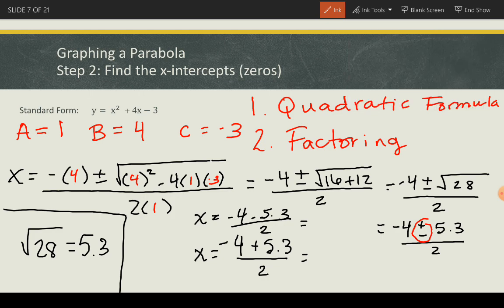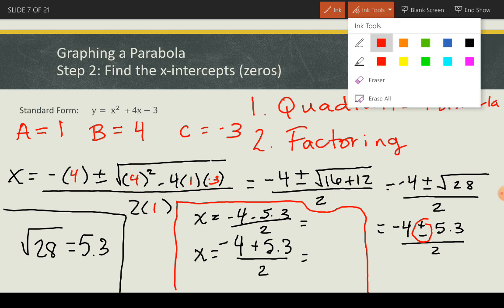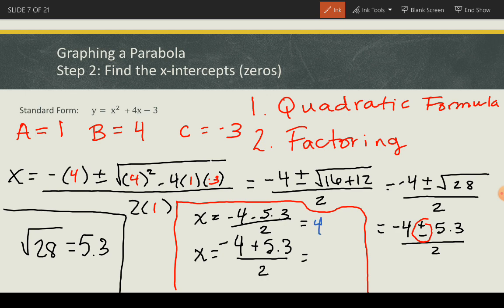Okay, so we can calculate these separately, making some space here, and we'll find both of our x values. So for the first one, we have -4 minus 5.3 divided by 2, and that gives us 4.7 if we round it to the nearest tenth.